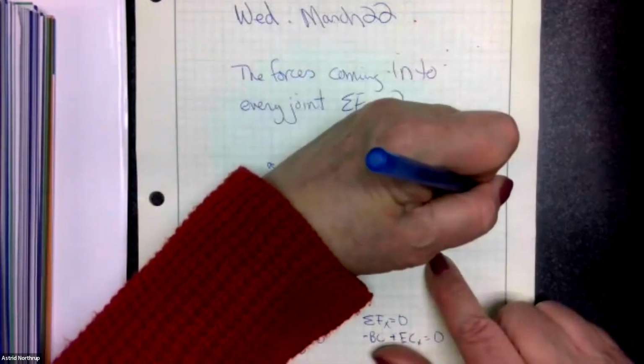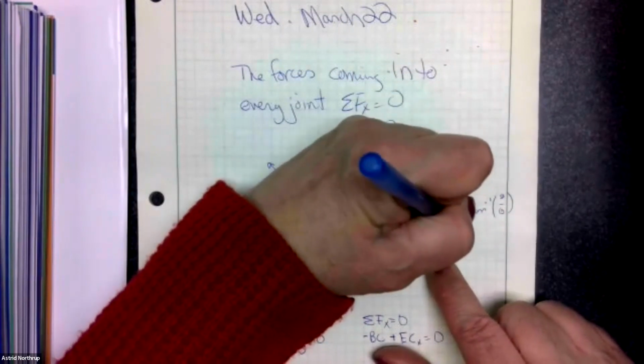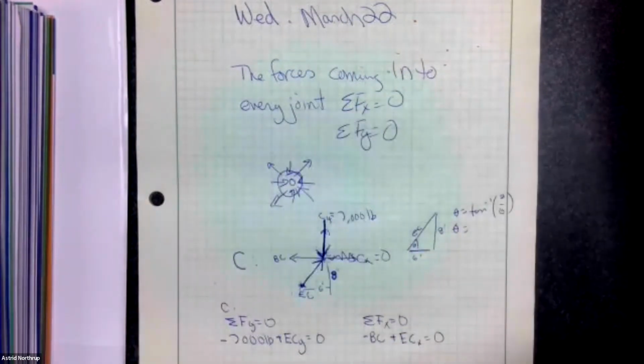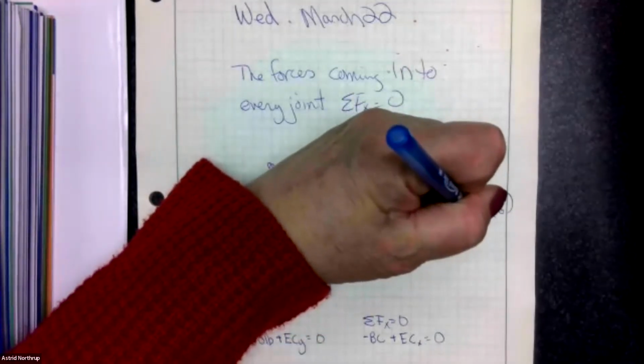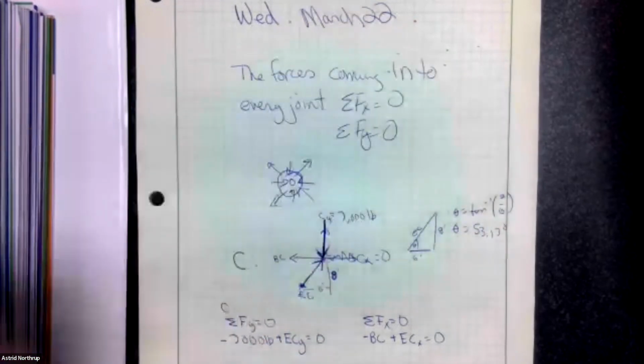So theta is the inverse tangent of 8 divided by 6, and that gives me an angle of 53.13 degrees.